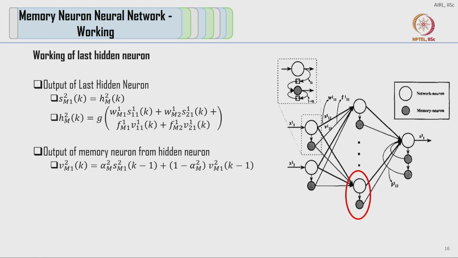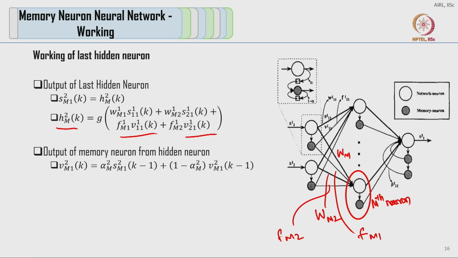So, if you look at the last hidden neuron, there are M hidden neurons. This is the M neuron. HM2 of k is again a function of the network weight WM1 into S11, WM2 into S21, and this weight is FM1 into V11, and this weight is FM2 into V21 of k.